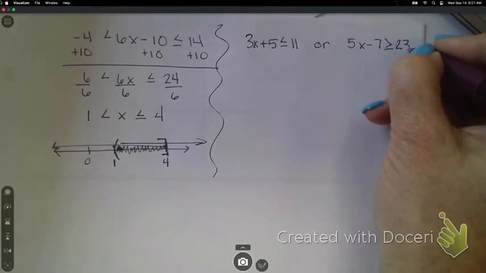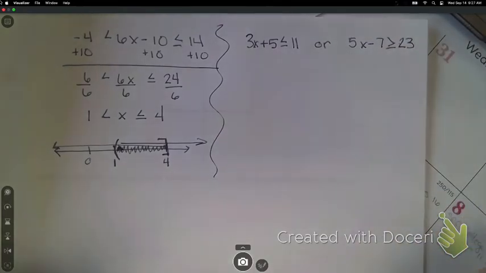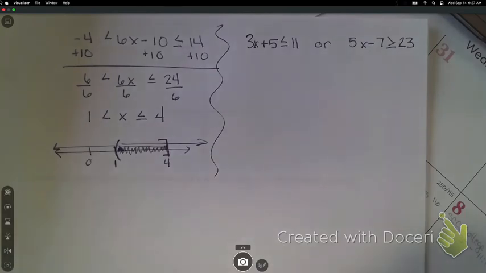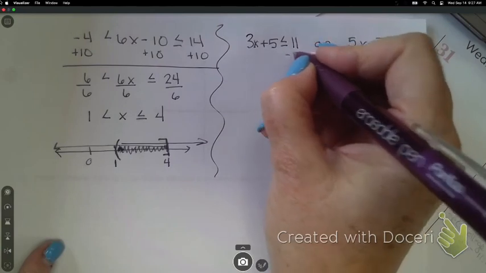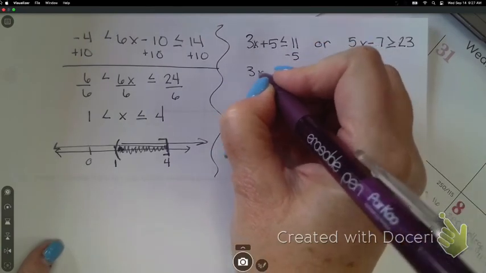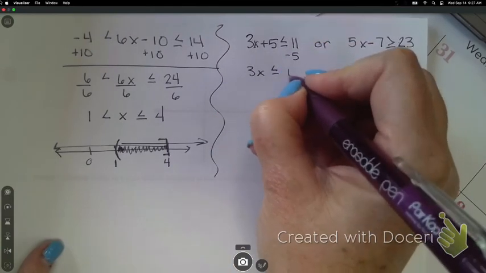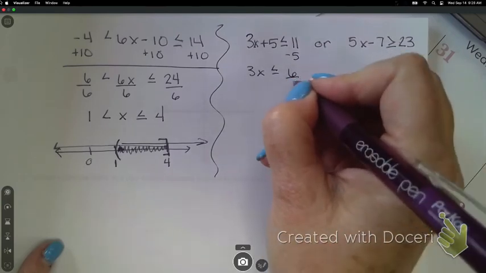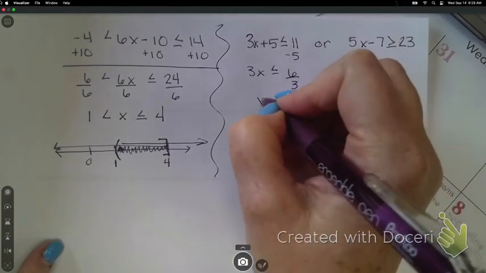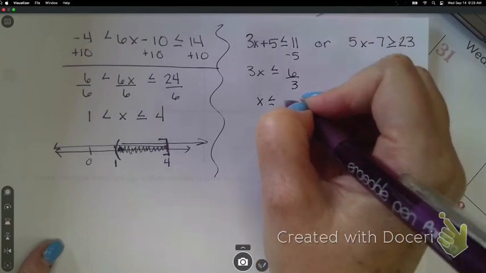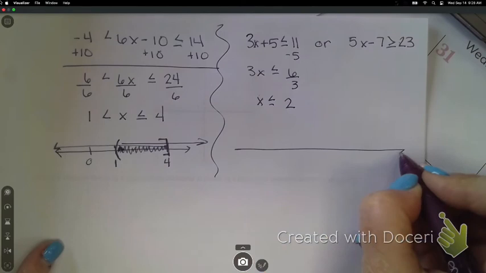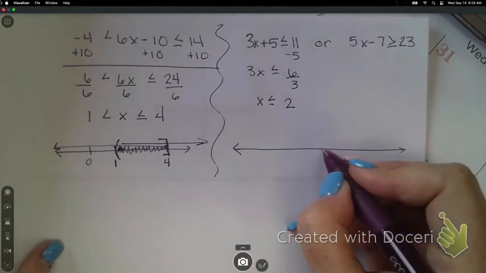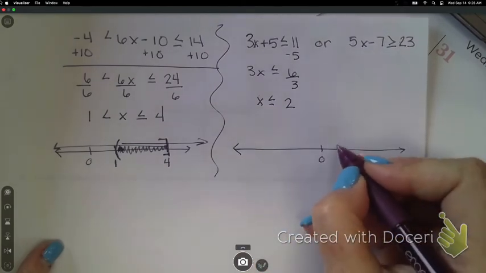So now I don't have one equation to solve, I have two. So on the left, what would I do first? Minus 5. So 3x is less than or equal to 6. And divide by 3. You get 2. So x is less than or equal to 2. Zero, and I have 2.